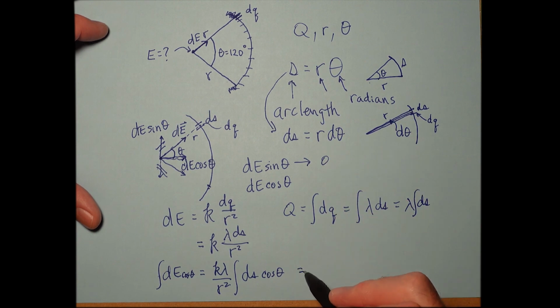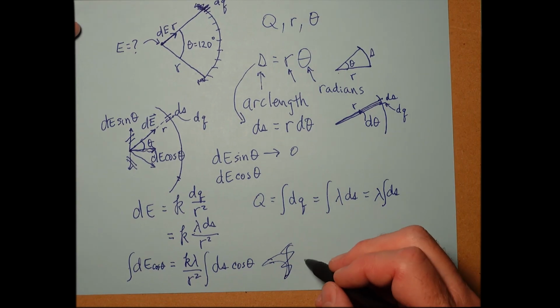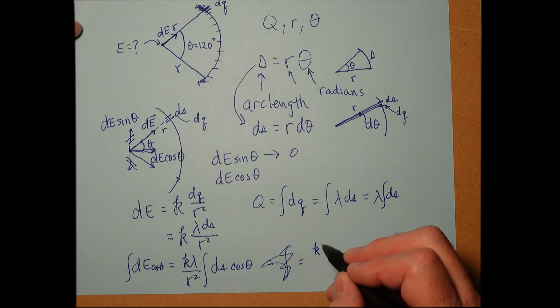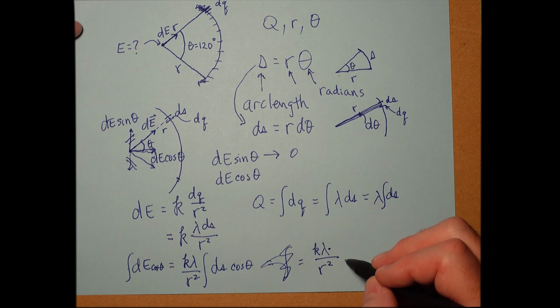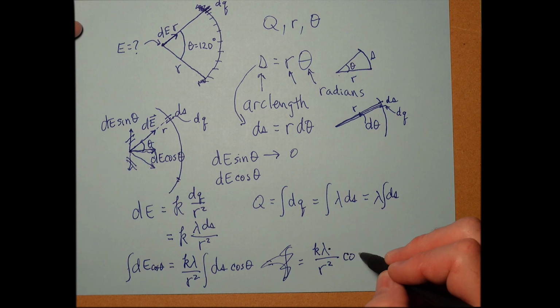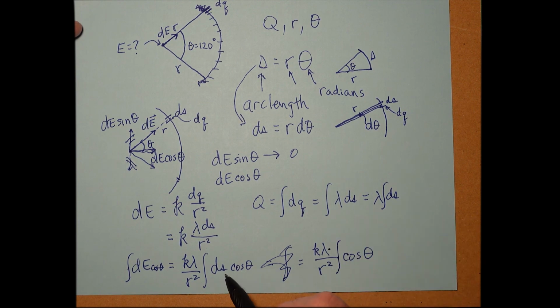So this becomes the integral of k lambda over r squared times the cosine of theta times ds, and ds is r d theta.